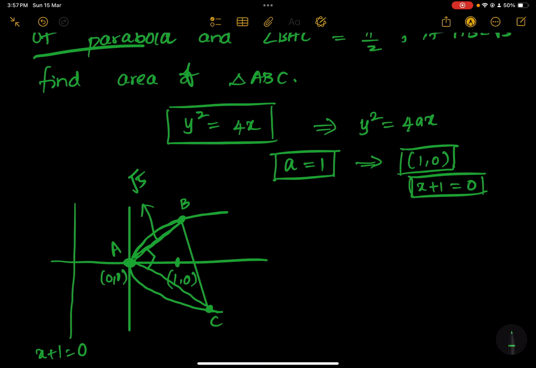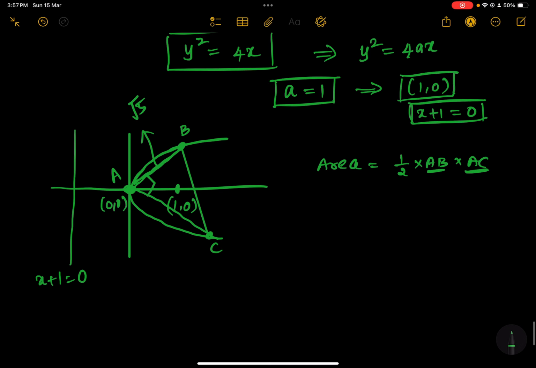Now what do we have to find out? We have to find out the area. Since this is a right angle triangle, area is half into AB into AC. We already know AB, so to find the area, we have to find AC. But how do we find AC?